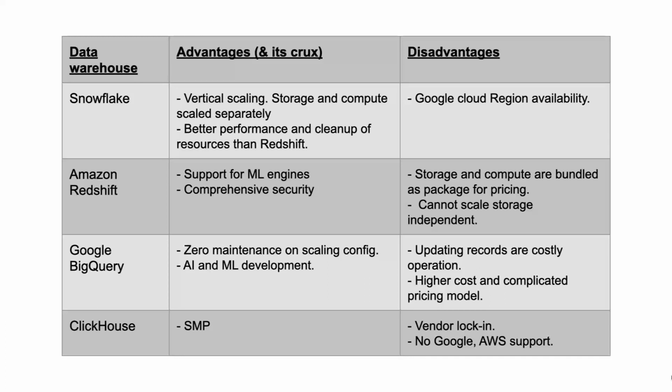But the disadvantage of Amazon Redshift is that storage and compute were bundled, not a closed type of bundle, but somewhat bundled. You will not be able to scale storage or compute alone independently, right? So consider there are 3 tiers in Amazon: tier 1, tier 2, and tier 3.